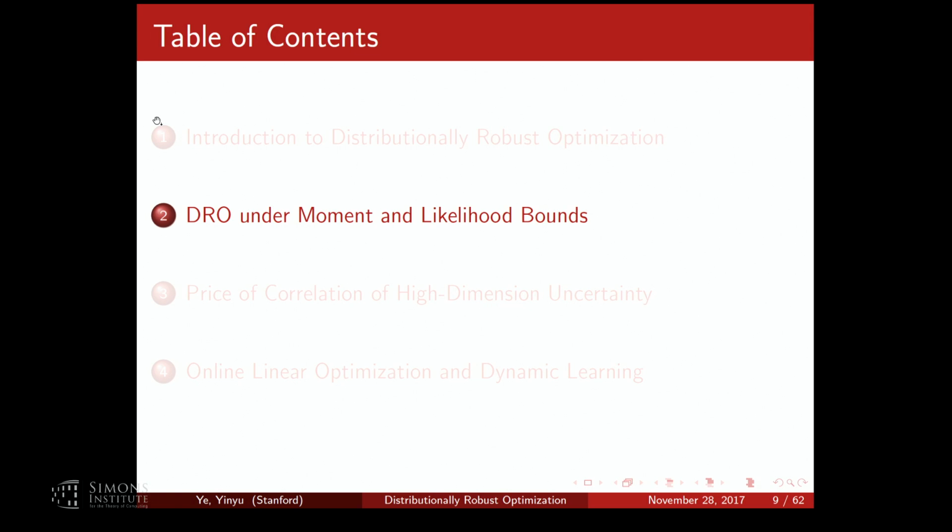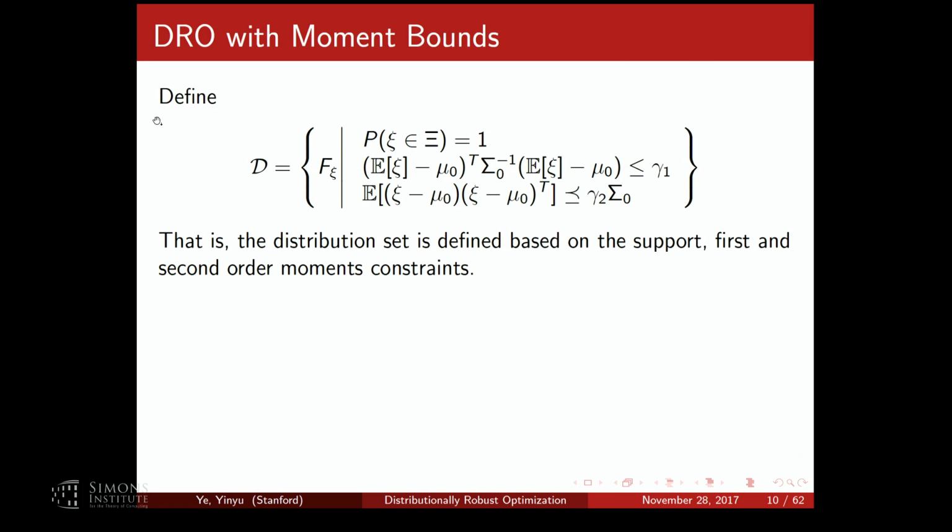So I'm going to briefly go through the very simple so-called moment and likelihood bounds, okay. So what is the set D? As I said, everything comes down to D. Given the possible sample mean and sample variance, this is the model we construct for all the distributions. Of course, they have to add up to 1. For simplicity, just consider this as discrete, okay.